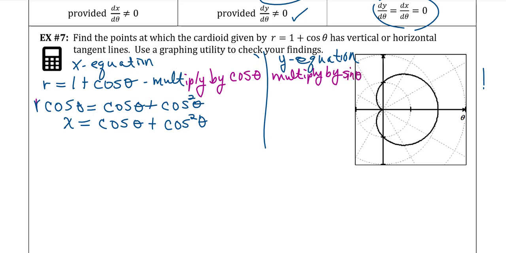So then we're going to have that r sine theta is going to equal sine theta plus sine theta cosine theta. We're substituting it in this equation. Okay, and of course that's going to equal y.